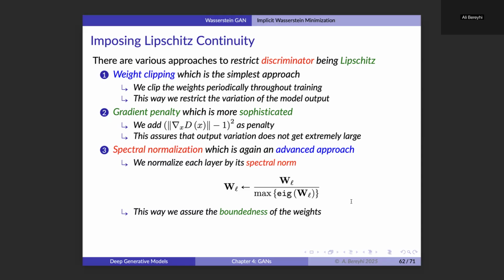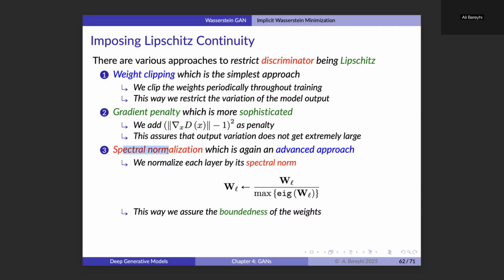And anything else is going to be smaller than 1. So it's somehow implicitly doing what we have here, but in a more advanced way. You can still make sure that the weights are somehow bounded, and out of this boundedness, you get a sort of Lipschitz continuity in your function.